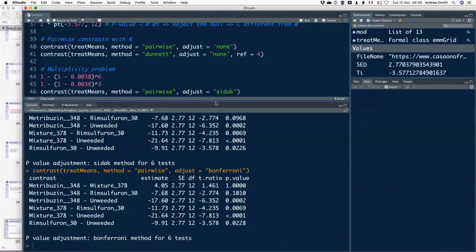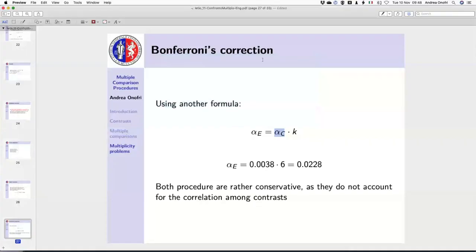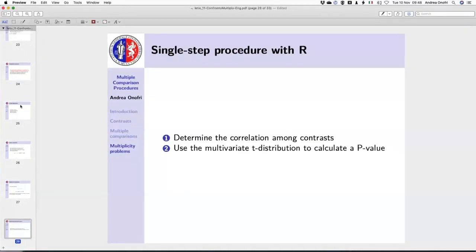Well, we need to say that with R, there is another possibility that is to use the single-step procedure. The single-step procedure uses the multivariate t-distribution to adjust the p-value. And we will not talk about this in detail because it's rather complex. We only have to know that using such a single-step procedure implies that we keep all the correlations into consideration.